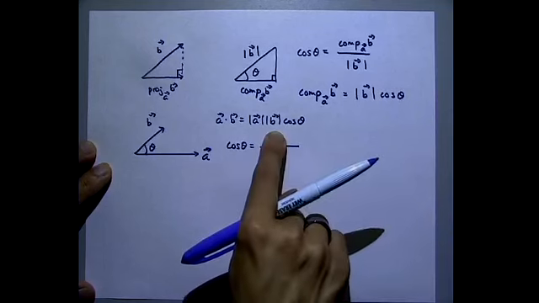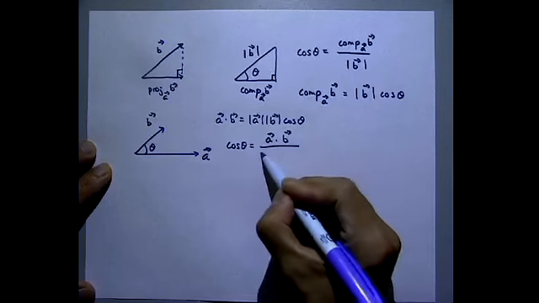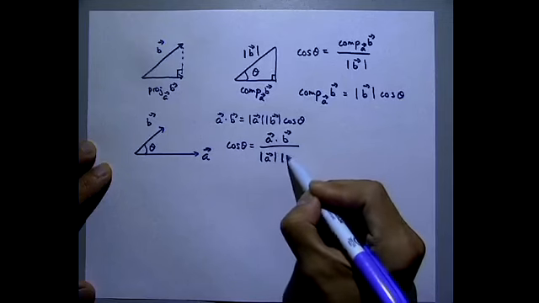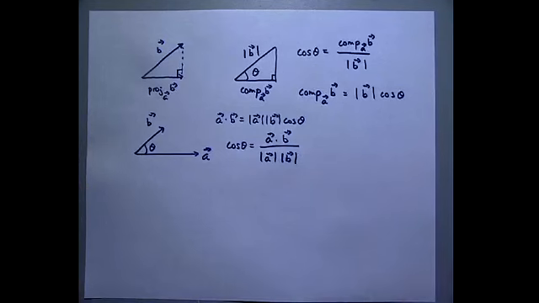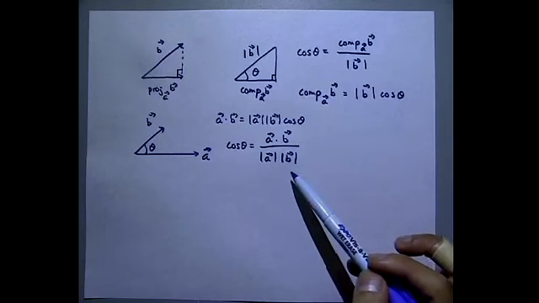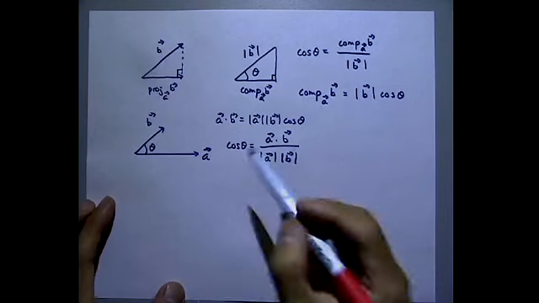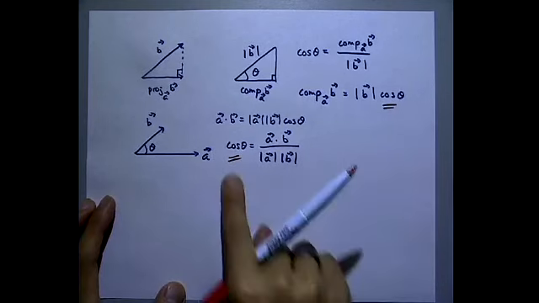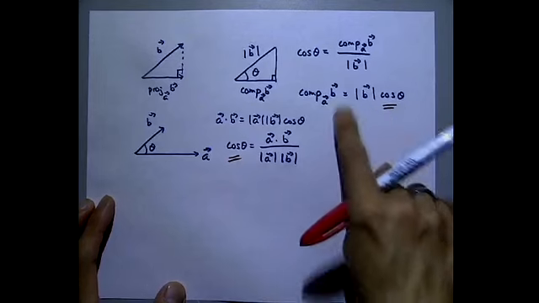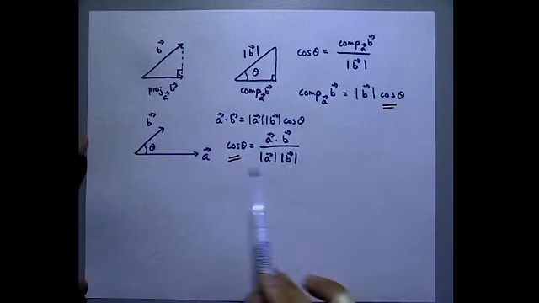If I divide both sides by magnitude of A and magnitude of B, then notice I can rewrite cosine as A dot B over length of A, length of B. And now I can replace the cosine of theta in that formula here. So if I know what A and B look like, I can directly calculate the projection without having to calculate theta first. So let's take this into here.